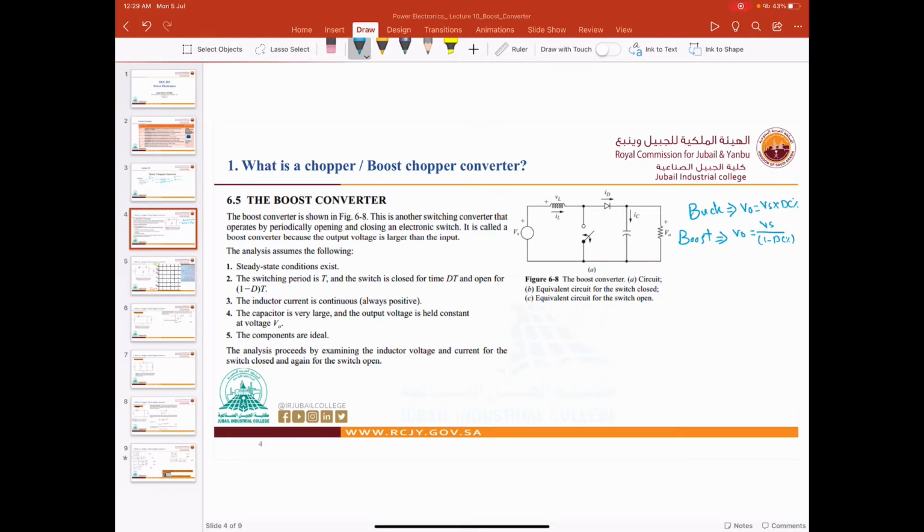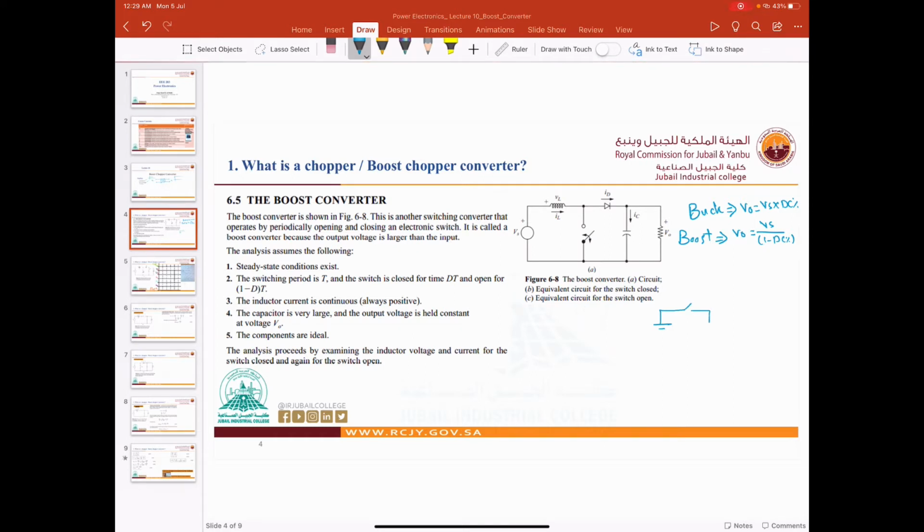Now let us see also the diagram, the electrical circuit for the buck, يا شباب. Now this is our buck. We have here supply voltage Vin, and then we have a switch, a power MOSFET switch.